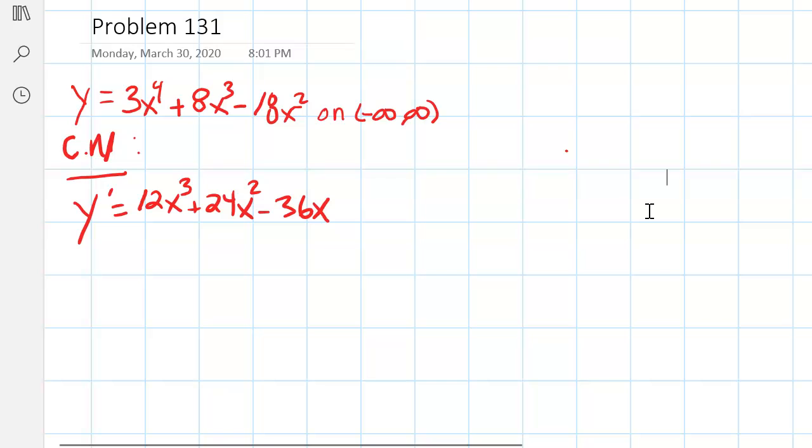All right, so there's our derivative, and we looked at the graph. We know there's going to be a local maximum, a local minimum, and an absolute minimum. And so we do need to find out where this derivative either does not exist, and it exists on its entire domain, or where the derivative goes to 0. So we'll set that to 0 and do our best to start factoring. I see a 12 in all of these numbers, and I can definitely factor out an x.